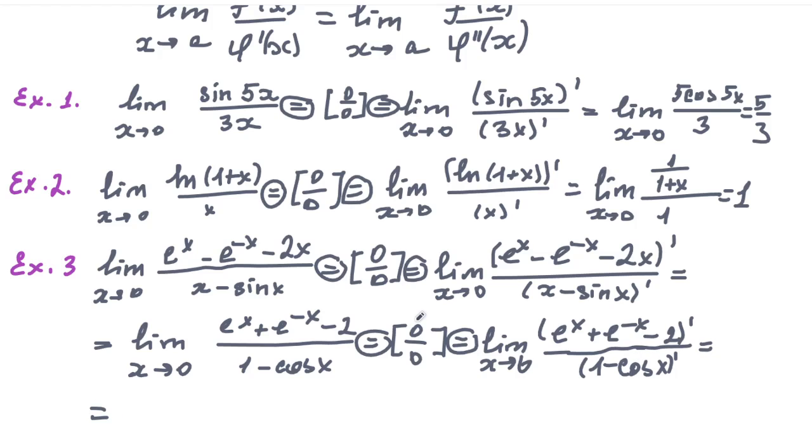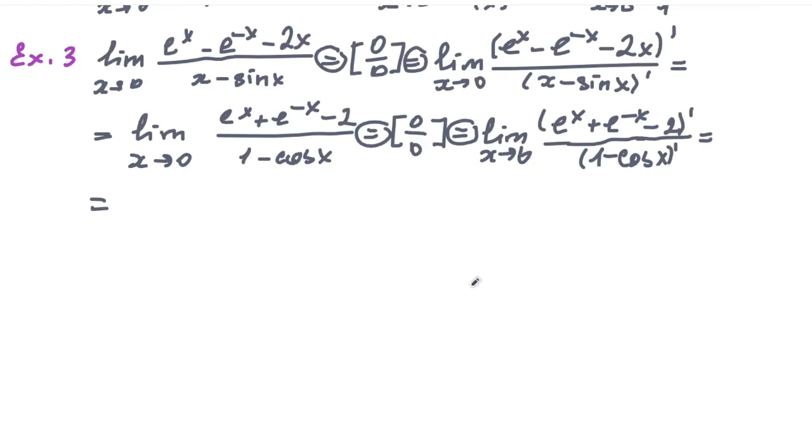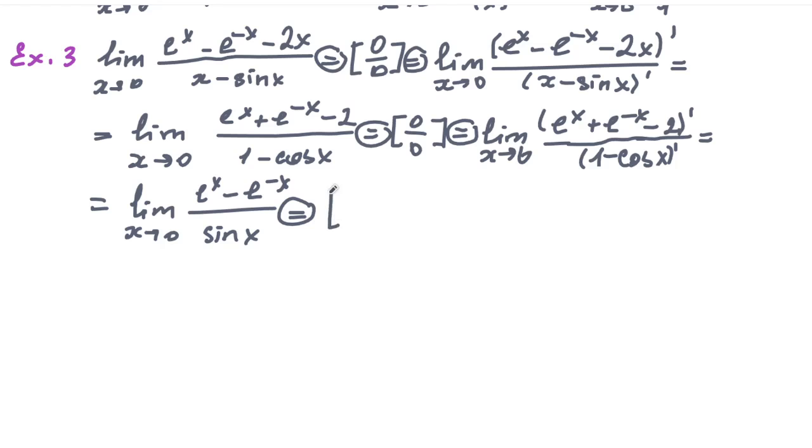Calculate: e to the power x minus e to the power minus x, the derivative of a constant is 0, here 2 sine of x. And we have 0 over 0 again. Use the rule of L'Hopital.